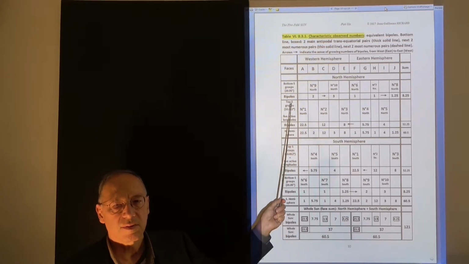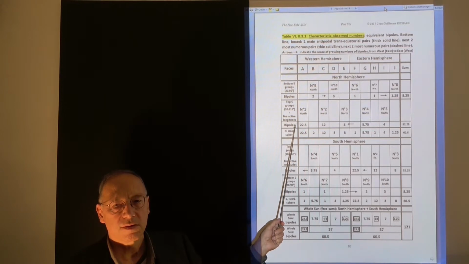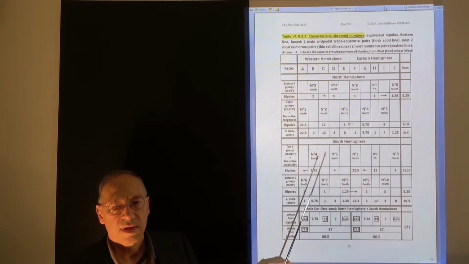In fact, in this table no sunspots, but B-poles are given. B-poles for the bottom 5 groups, B-poles for the top 5 groups, and a total for the 10 groups in the north hemisphere. Same for the southern hemisphere, and then for the whole sun, north plus south.